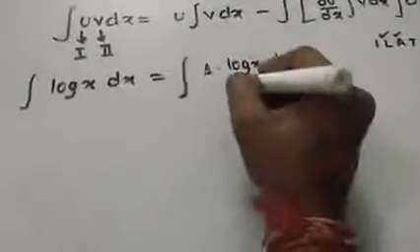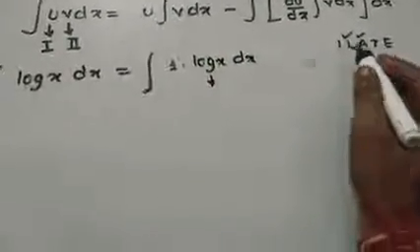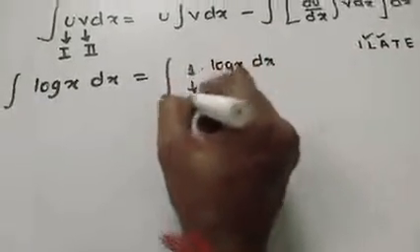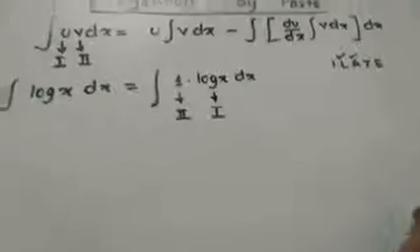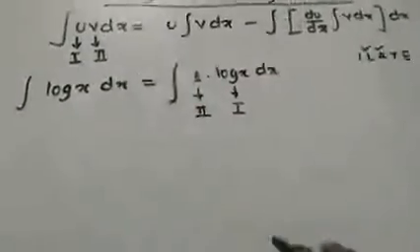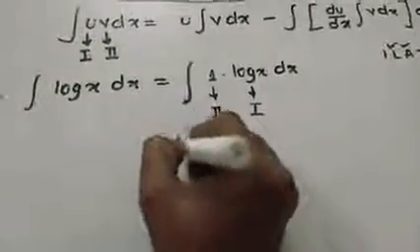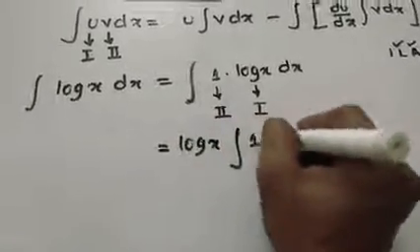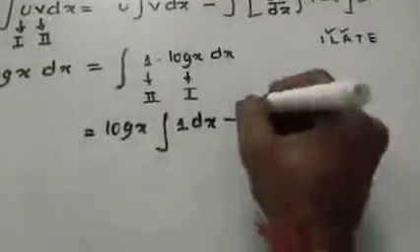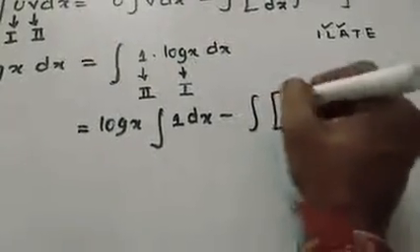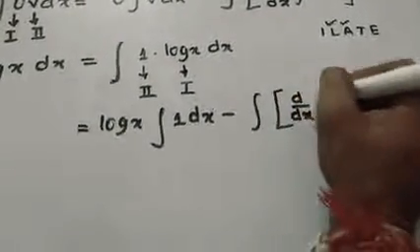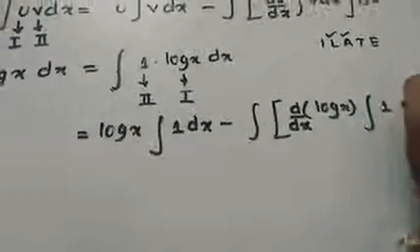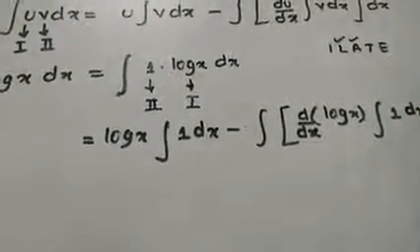So here log x comes earlier, so it is our first function and 1 is our second function. Now using the integration by parts formula: first function log x, integration over 1 dx, minus integration of derivative of log x, integration over 1 dx, and close, dx.